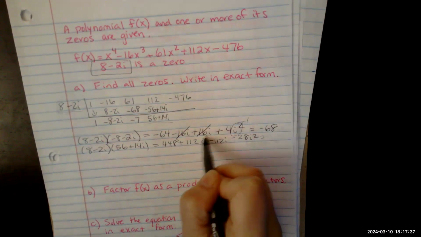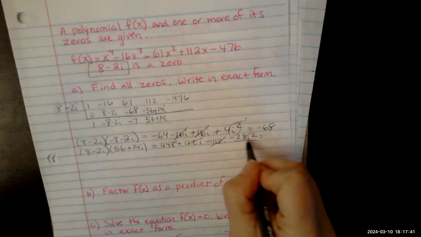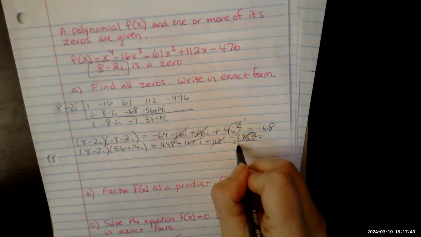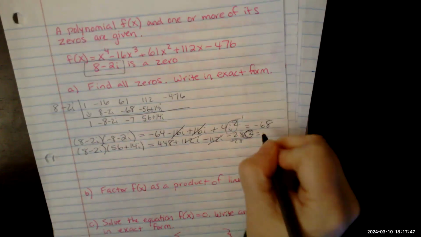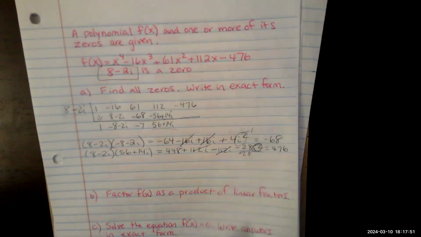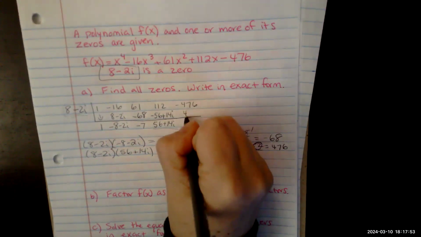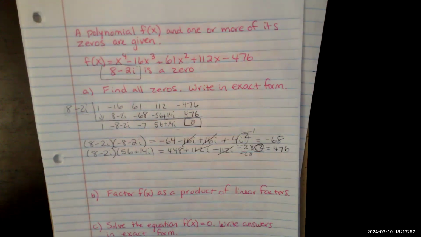So these wipe out. And this, since it's -28 times a -1, becomes positive. 448 plus 28 is 476. So that all worked out to this, which means it did actually work.